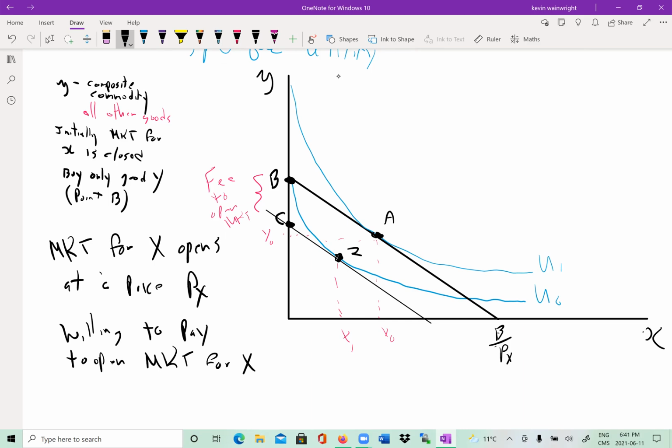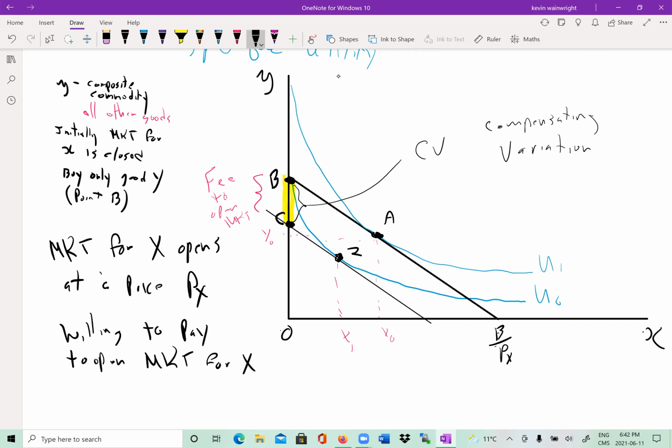Now notice that I get the exact same utility. Point B and point Z give me the same utility, but at point B, I don't get any good X, and at point Z, I get X1. Okay. So this B to C, the willingness to pay for the market to be open, is referred to as my CV, compensating variation.